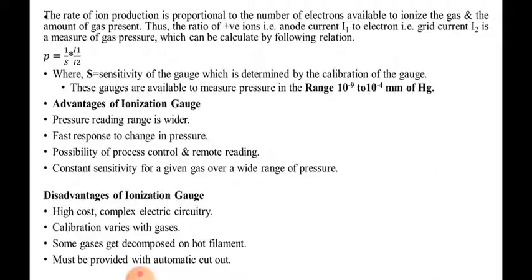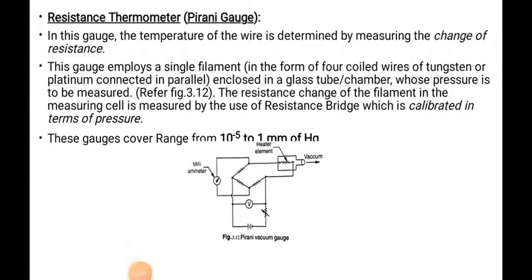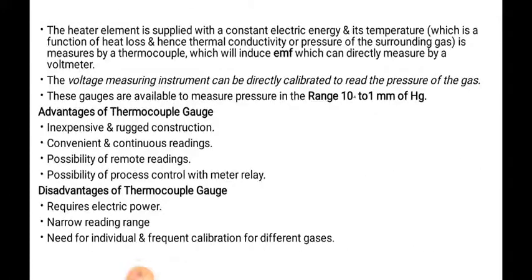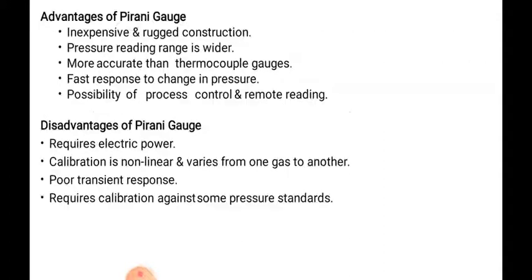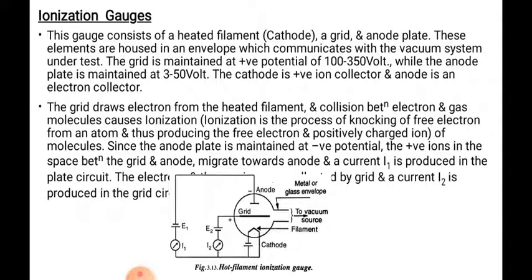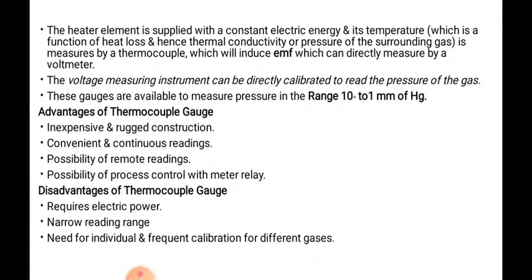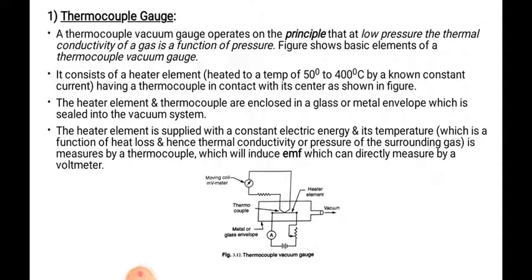So in today's lecture we have studied three types of gauges. The first one is the thermocouple gauge, the second one is the resistance thermometer, that is the Pirani gauge, and the third one is the ionization gauge. These are all low pressure gauges.